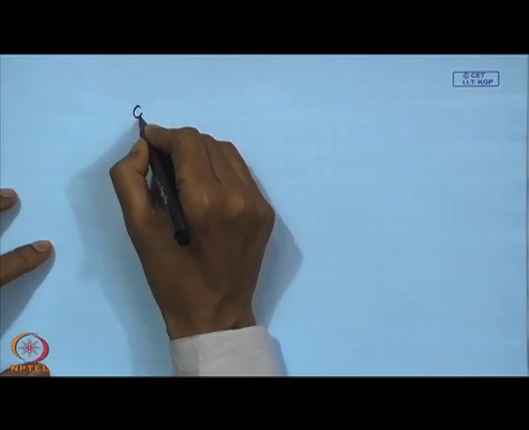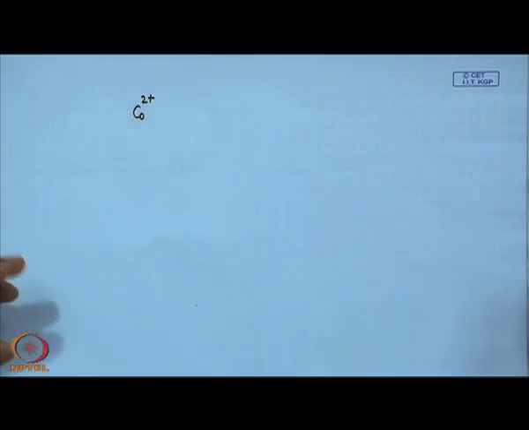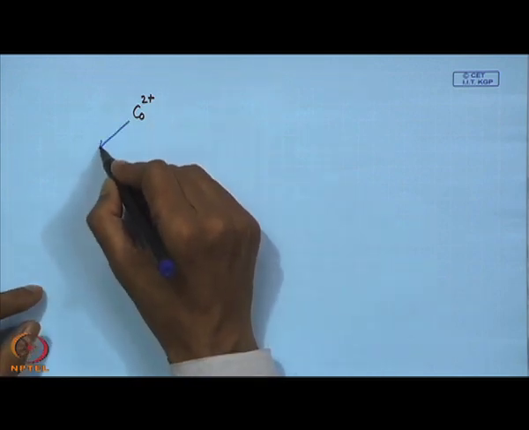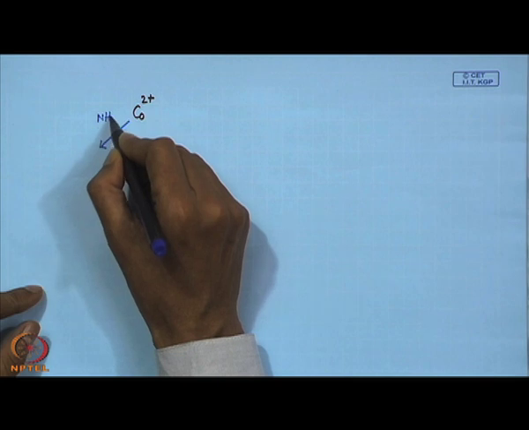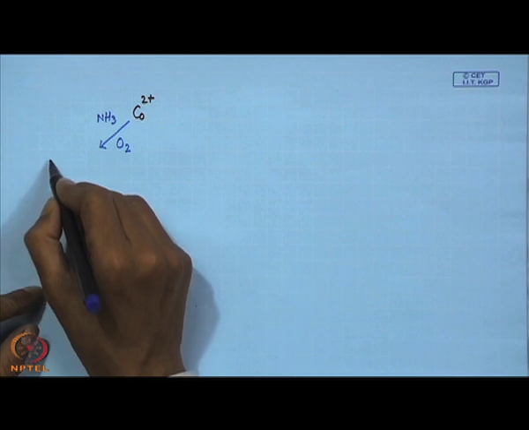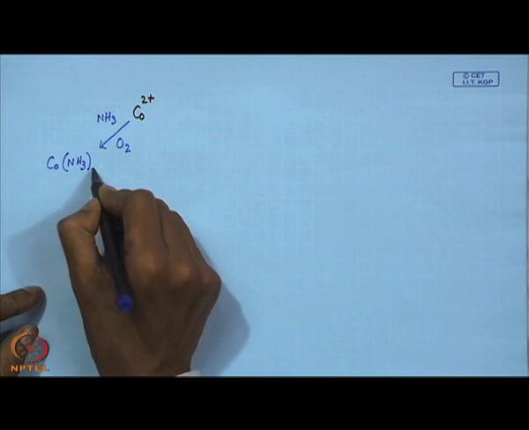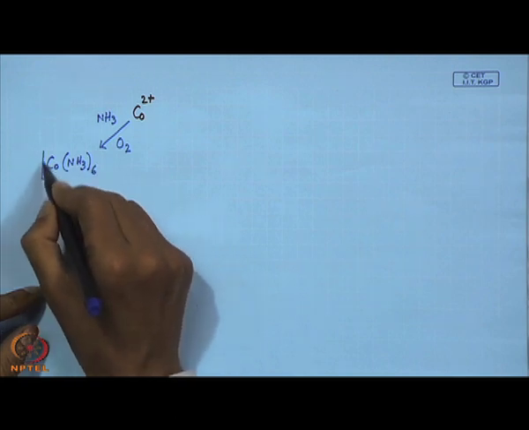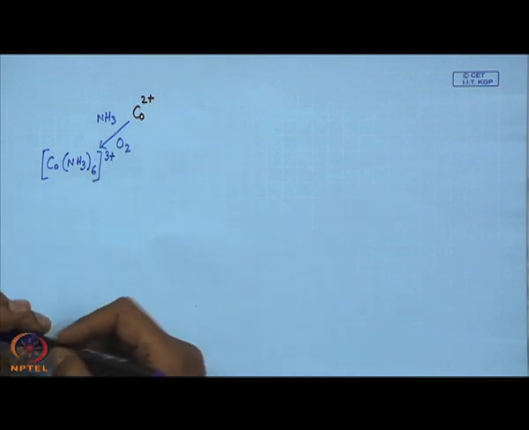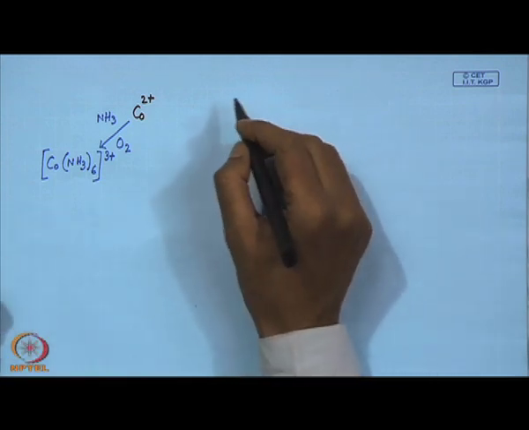As we have seen in other cases, when we have cobalt 2 and react with ammonia and oxygen of the air, we get the cobalt hexaamine compound, which has 3 positive charge to counterbalance with the available chloride.